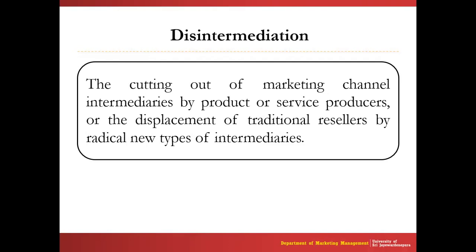So that is called disintermediation, right? It is the cutting out of marketing channel intermediaries by product or service producers, or the displacement of traditional resellers by radical new types of intermediaries. They will cut out the traditional intermediaries and set up radical new types of intermediaries. The famous example is online retail or online stores, right?